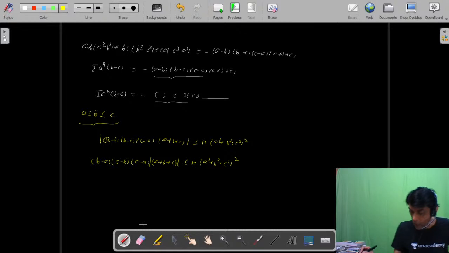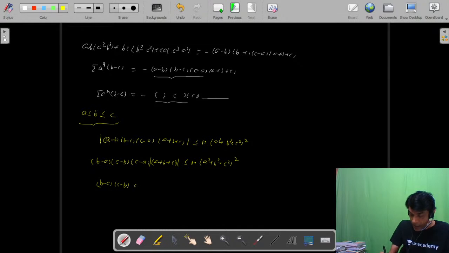Now let's deal with how we can do these things. B−A is positive, right? A, B, C are real numbers, but because we have done the ordering, B−A and C−B are non-negative, to be precise.